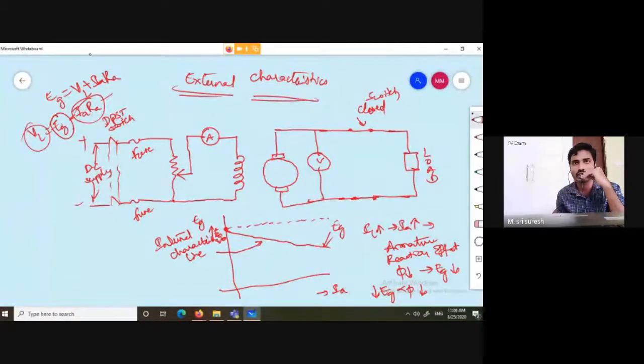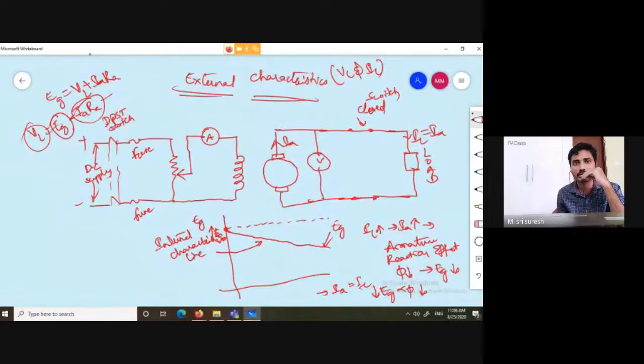So these external characteristics are drawn between VL and IL. We take IA equal to IL. Why? Because the armature and the load are connected in series, which means the same current, so IA is equal to IL and we take the same scale.